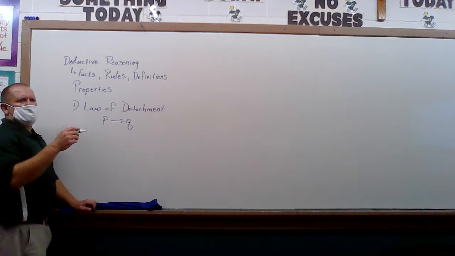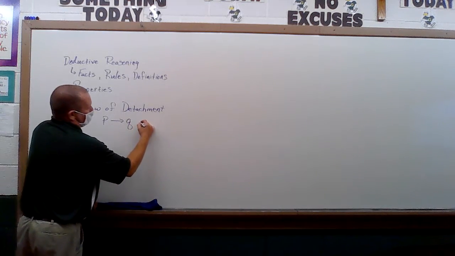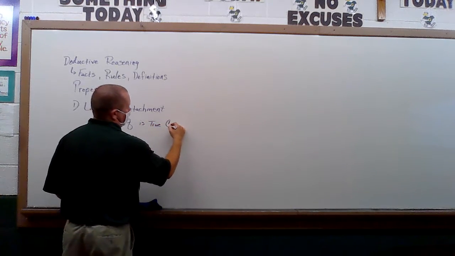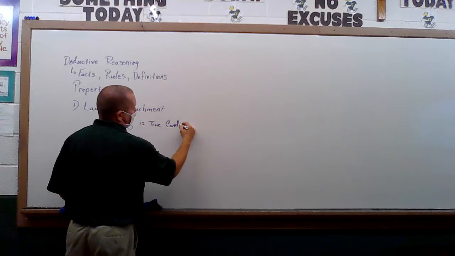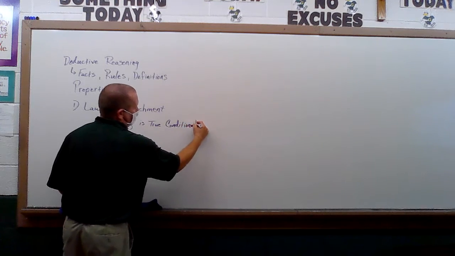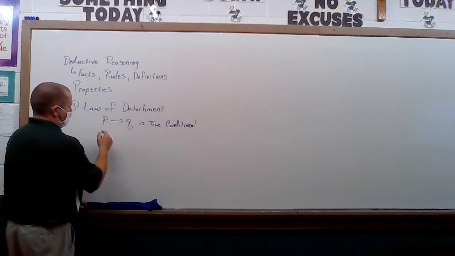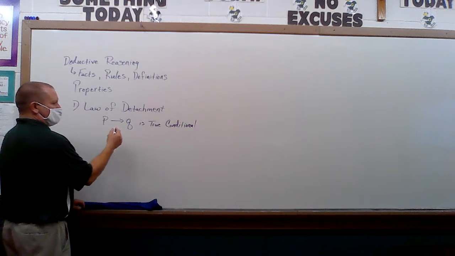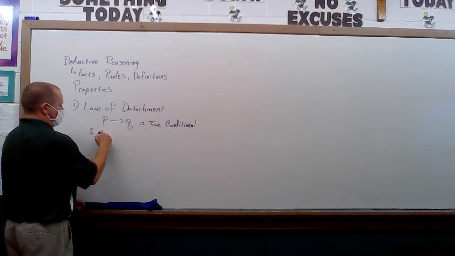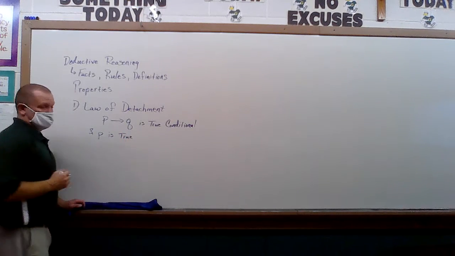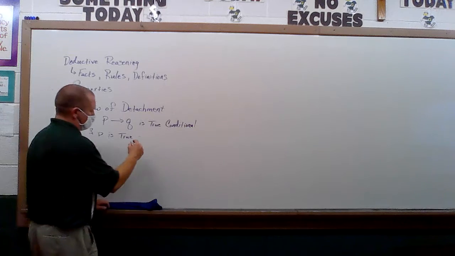And what we're going to do here, if P to Q is a true conditional, so we go through, we read it, we understand it, just like what we did in the last section. So if this is a true conditional and P is true, then we would assume that Q has to also be true.